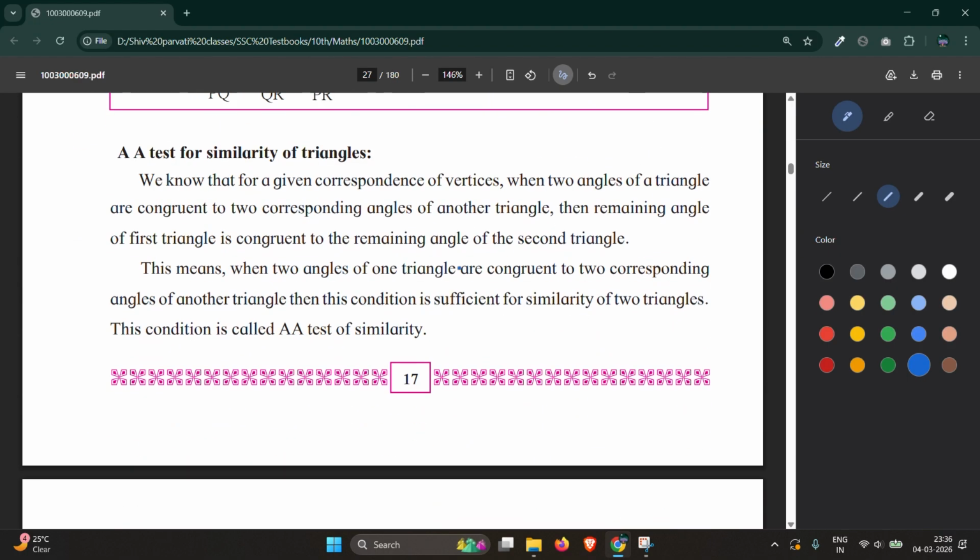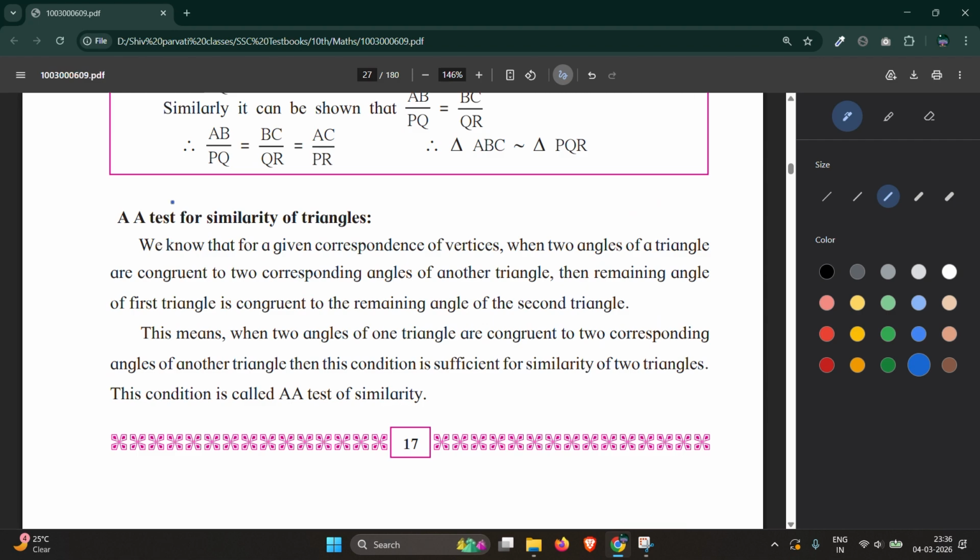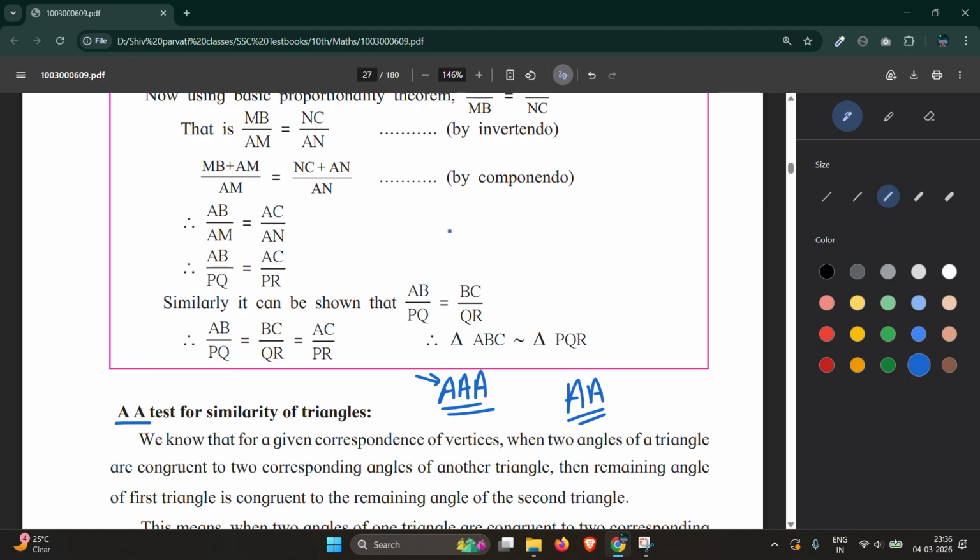You can also just call this the AAA test, that is the angle test, because we are checking all the three angles. You can also call this test only the AA test, the angle test. Why? Because all the three angles of any triangle must sum up to 180 degrees.